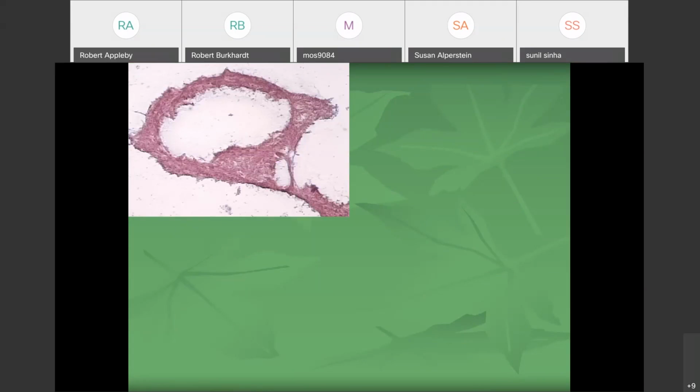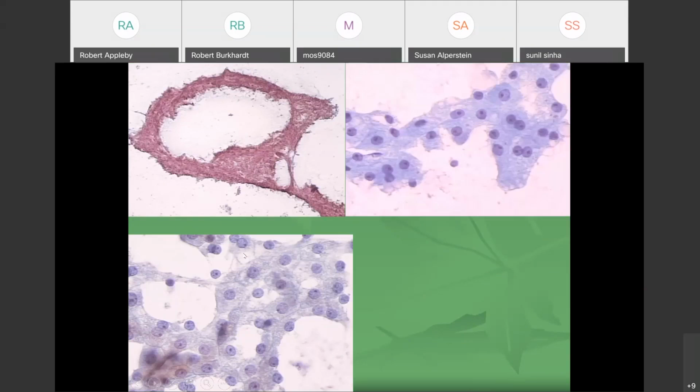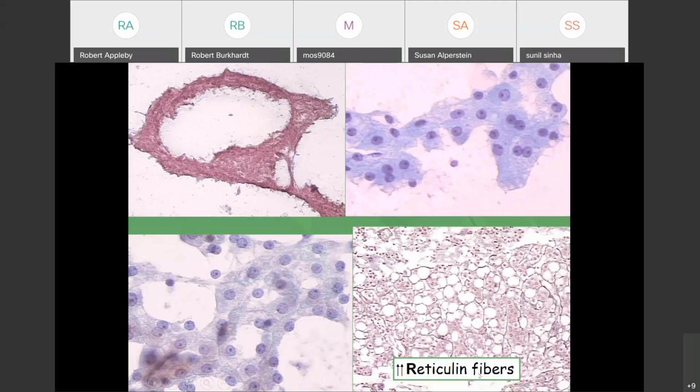That woman with a big mass shows, this is a liver cell adenoma, very cohesive. And kitchen tiles. Intact reticulum fiber.